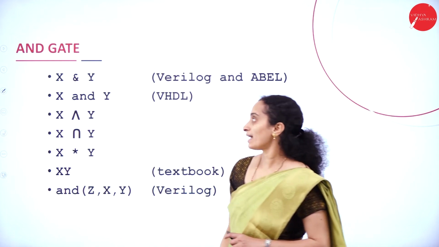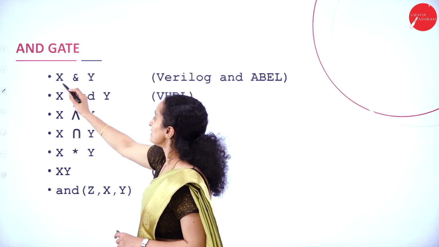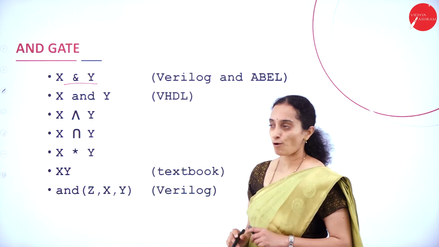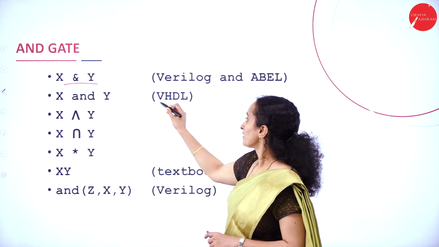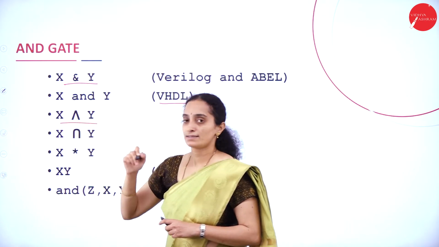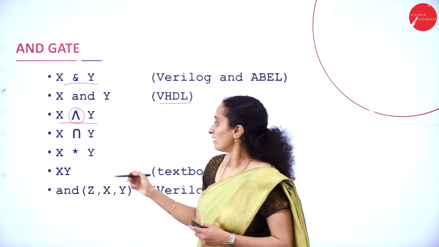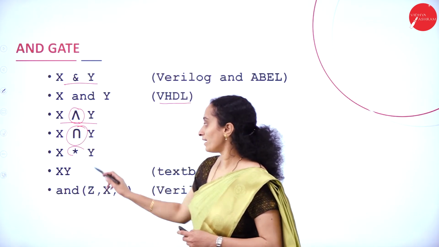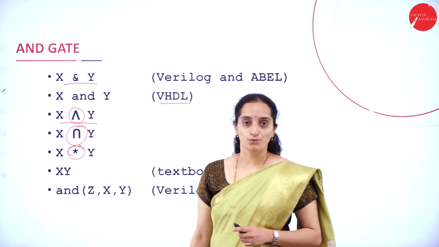How you can represent the AND gate is, you can use the expression x ampersand y. This is one form of representation. You can take x and y in another representation, where the meaning is the same, or x intersection y in set theory, or x into y.